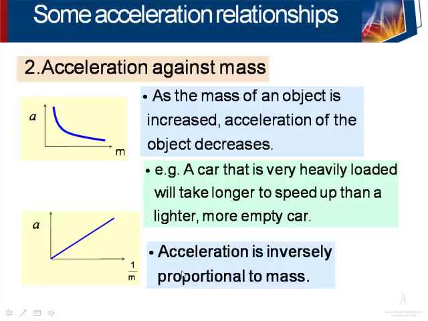This relationship is an inverse proportion, and we see acceleration therefore is inversely proportional to mass. And the relationship is represented as follows: acceleration proportional to 1 divided by mass. This is an inverse proportion.